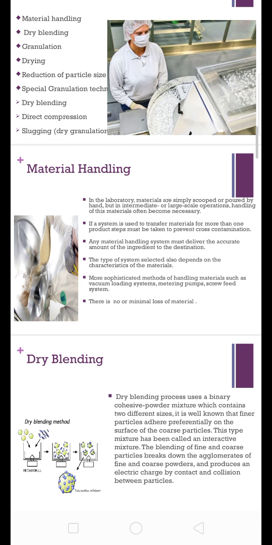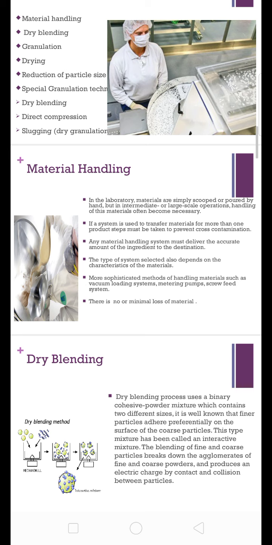Right. So one by one we are going to see the scale up strategy used in material handling. In the lab scale, we are simply scooping the material by hand or some intermediate apparatus, but on large scale or intermediate scale, the scaling of the handling of the material is often necessary. If a system is used to transfer material of more than one product, then steps must be taken to prevent cross contamination.